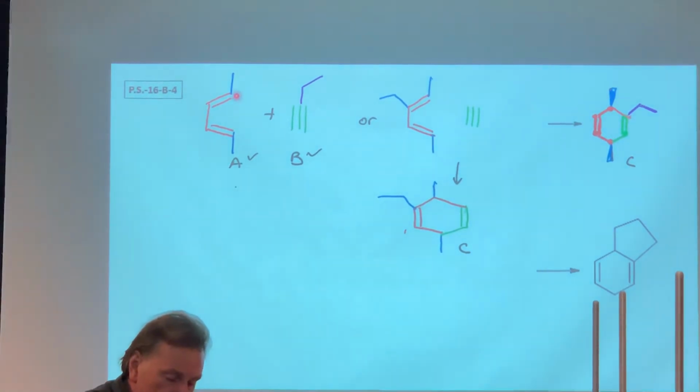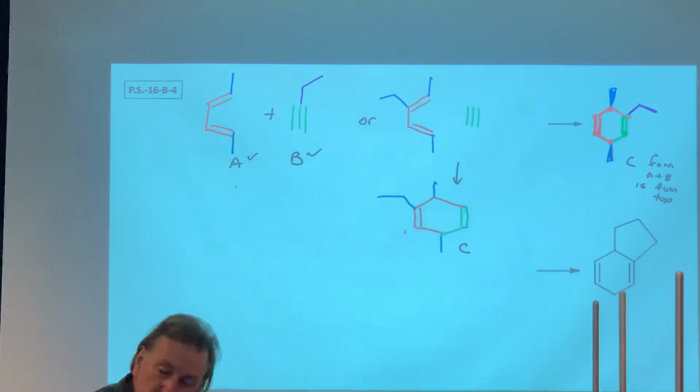Let's do this one. This doesn't ask us what attack it is, but if you just look at these wedges and dashes, do you think this is attacking from the top or the bottom? So it's very good. C from A and B is from the top, right? Yes?